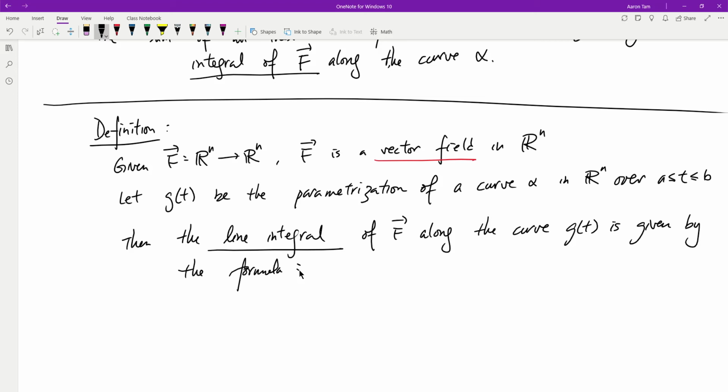So here's the line integral formula: the integral from A to B of vector F of g of t. That gives us all those vectors that travel along g by using a composition. And it makes sense because when you use a composition, we restrict the domain of vector F to just the curve g of t, or the curve alpha. And dot product g prime of t dt.